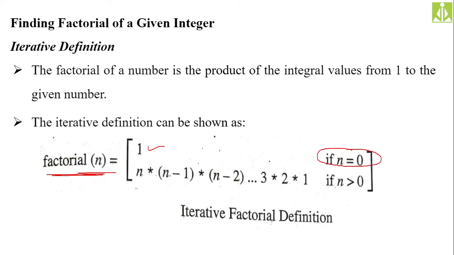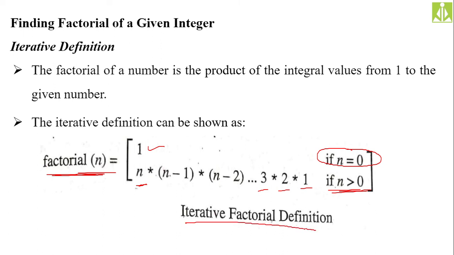If n is other than 0, if it is greater than 0, we need to get the product of all the integers up to that n. That n can be any positive integer, from 1 to n when n is positive, and if n is 0, simply factorial of n is 1.